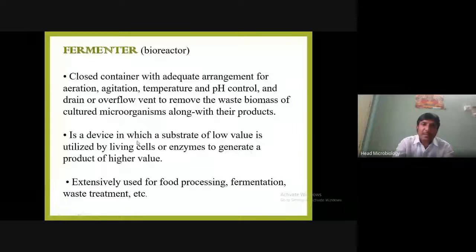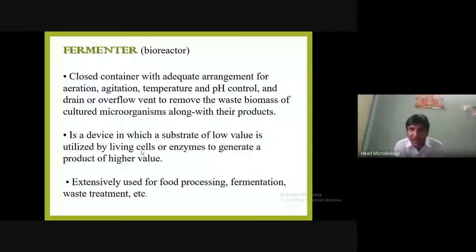It is a device in which a substrate of low value is utilized, and living cells or enzymes generate a product of higher value. For example, if we want to make wine, we require one type of fermenter. In our Nizam College laboratory, we have different types of fermenters.